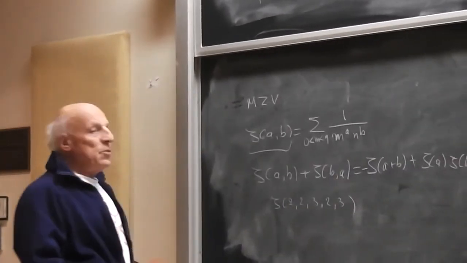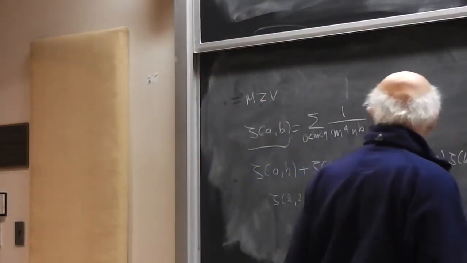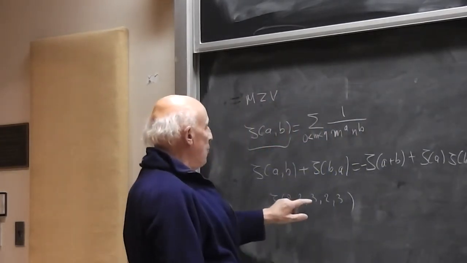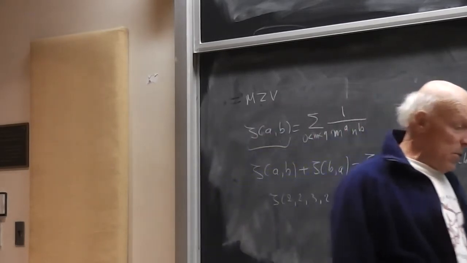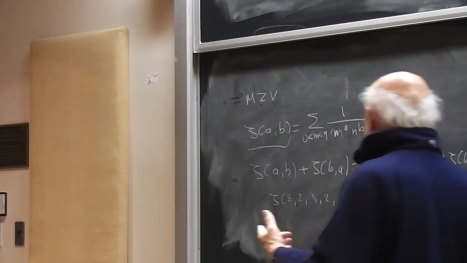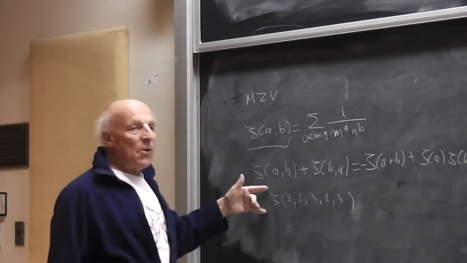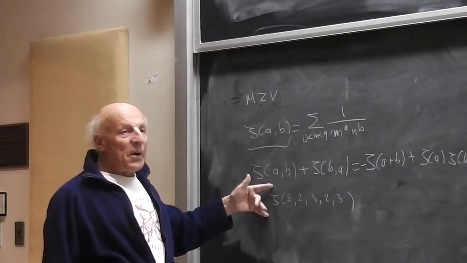If you have multi zetas with arguments only 2 and 3, with the sum A plus B being 12. So he has proven a conjecture which is due to Hoffman, that all multi-zeta values can be expressed as a linear combination with integral, or rather rational, coefficients of these numbers, which was surprising.